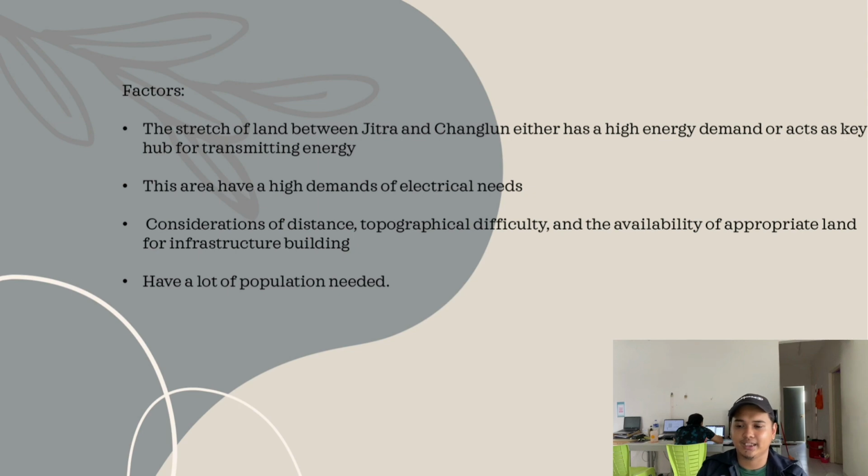The Jitra until Chandun road has a lot of energy demand, because this area has a high electrical need, as these places have a lot of tall buildings such as factories. Then there are the concentration of the distance, the topographical difficulty, and the availability of appropriate land for infrastructure building.